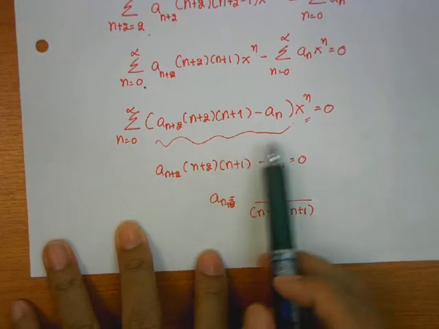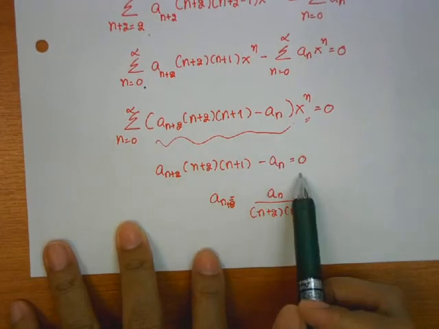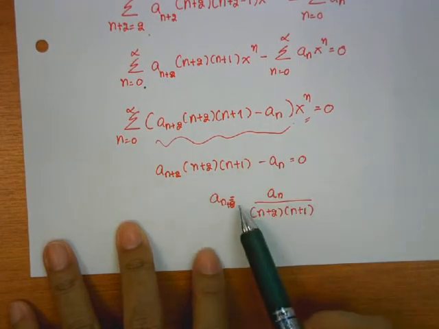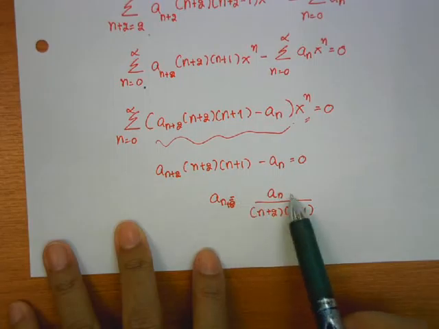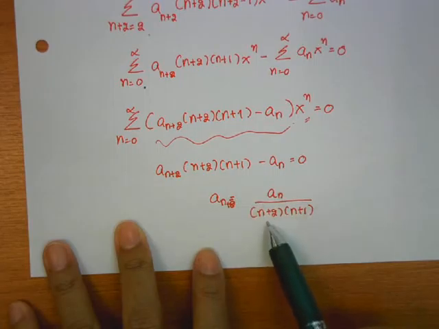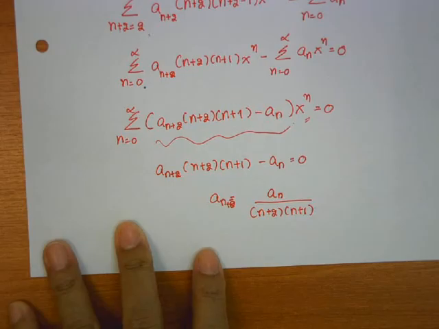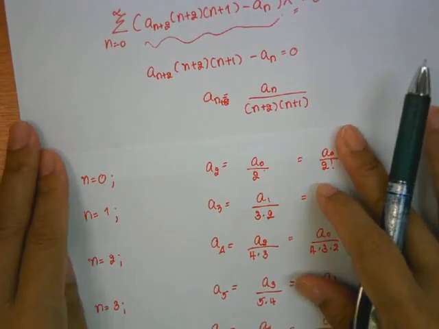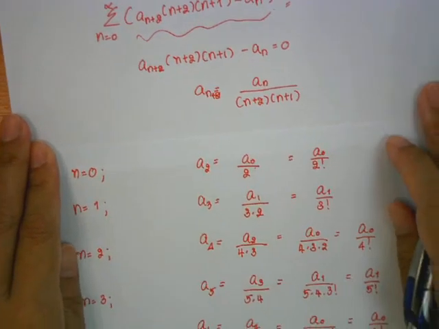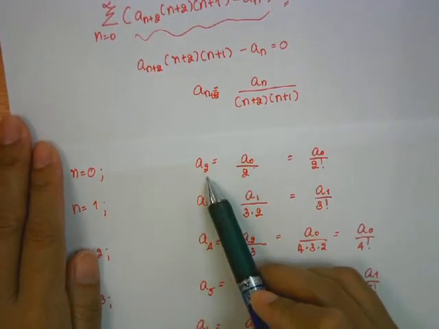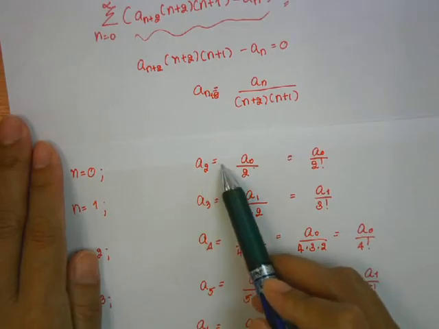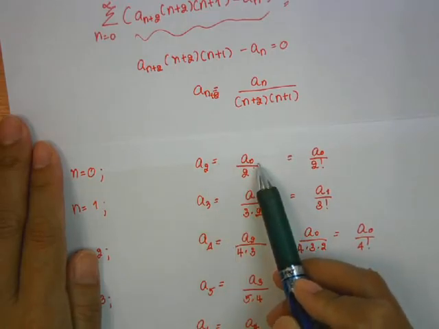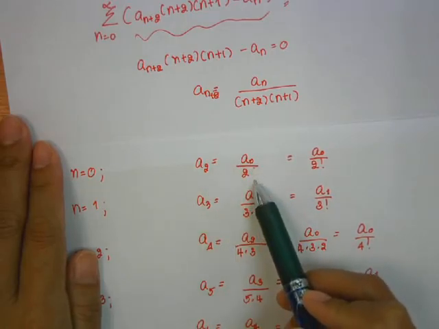When you set the term inside the parentheses equal to 0, you would get an plus 2 equal to an divided by n plus 2 times n plus 1. And from that, if you want to know the values of an plus 2, assume n is equal to 0, you would get a2. a2 would be equal to a0 divided by 2.